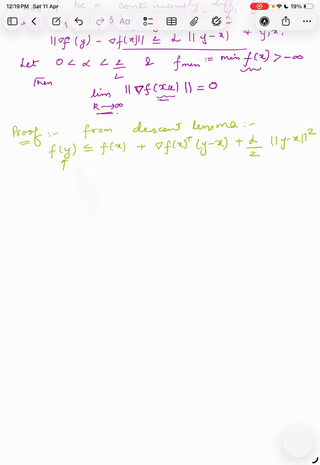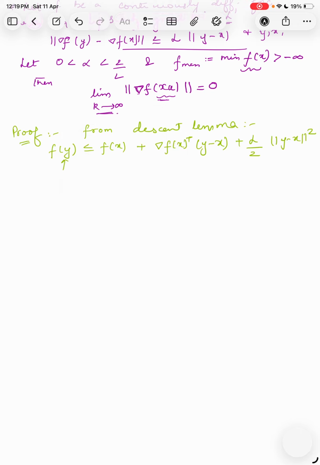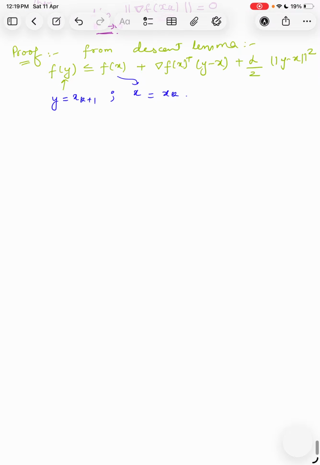Now here I will use a thing. I'll say that let my y be equal to x of k plus 1 and my x be equal to xk. Now let's see what happens.